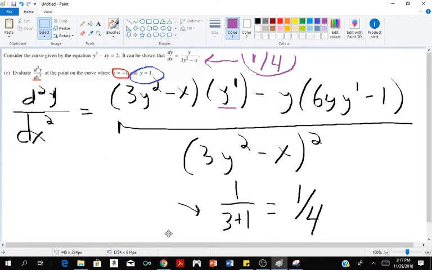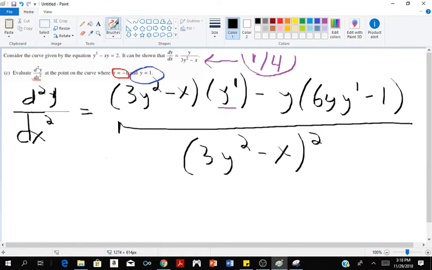So now we've got our second derivative with three variables, and we know what those three variables are. We know what x is, we know what y is, we know what y prime is. So at this point, it is straight up just plugging it in, substituting, and solving. We'll start down here at the bottom. We got 3y squared minus x on top. That's going to be 3, y is 1, so 1 squared, minus x, x is negative 1.